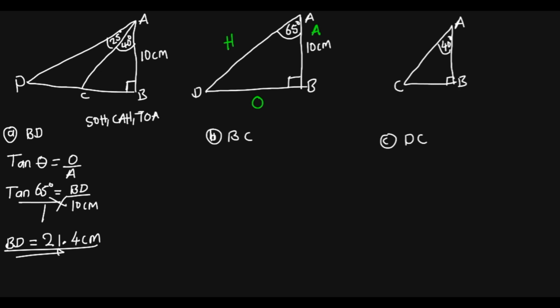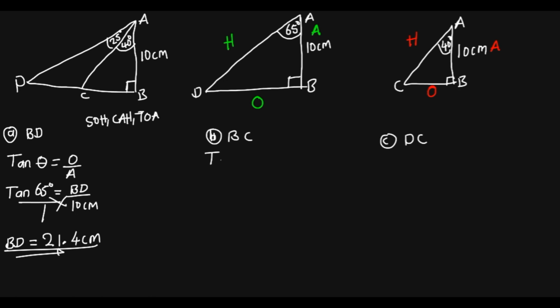Now let's move on to BC. For BC we are going to use the smaller triangle, since here we have 10 centimeters. For the smaller triangle, also this is our opposite, hypotenuse and adjacent. Even in this one, we are going to use tan, since the distance we are solving for is the opposite and we are given the adjacent.